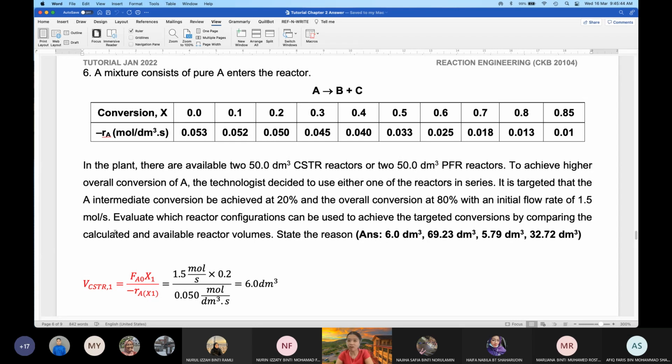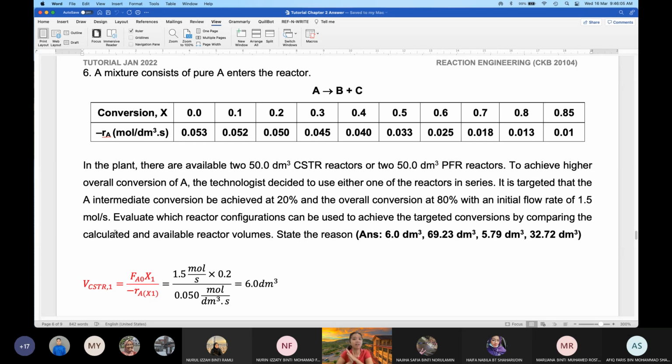So definitely you cannot run, because the 3 liter reactor in the plant will not achieve the conversion you calculated. However, let's say you calculate 5 liters and the reactor in your plant is 7 liters. So yes, the available reactor can be used for the system. Okay, so that's the meaning of this.